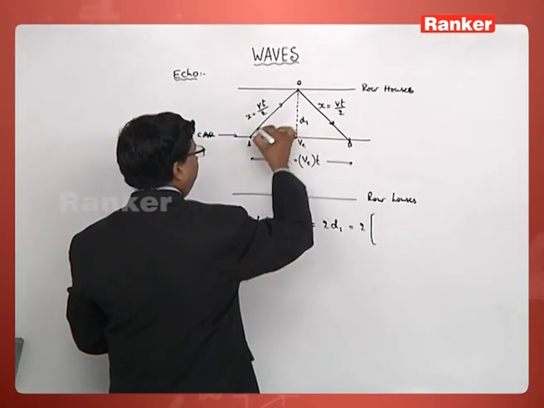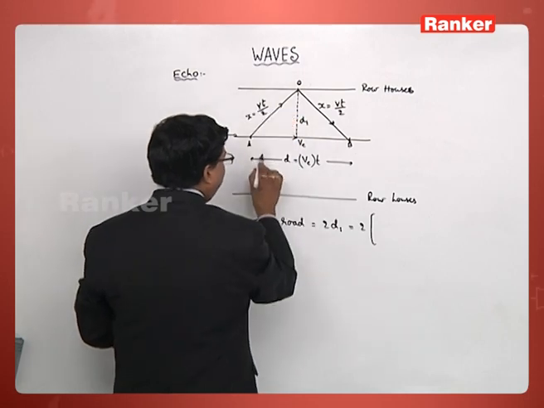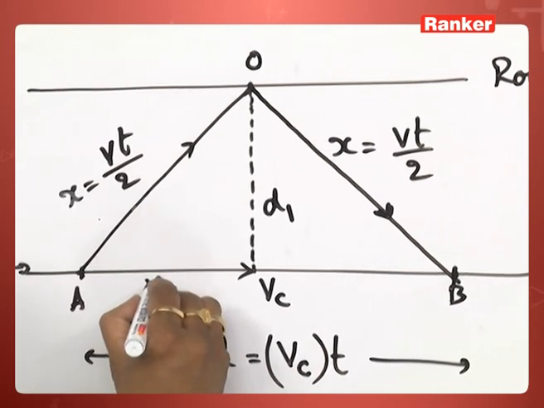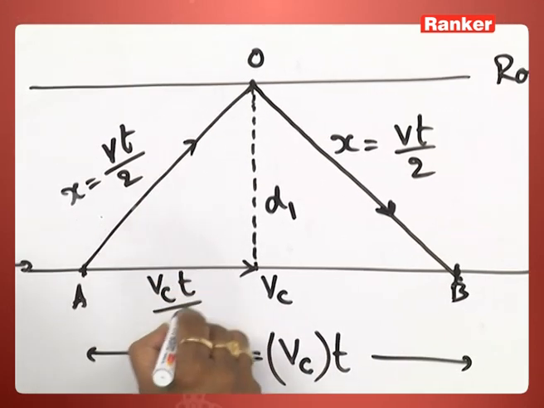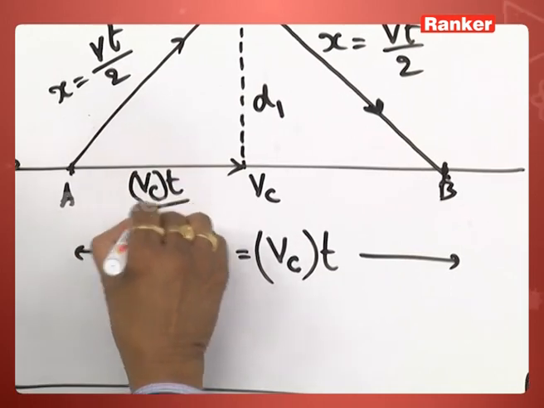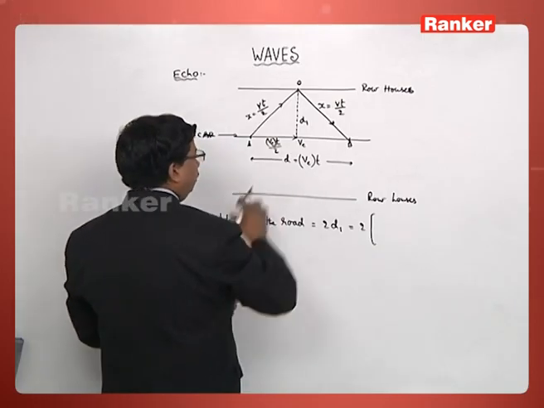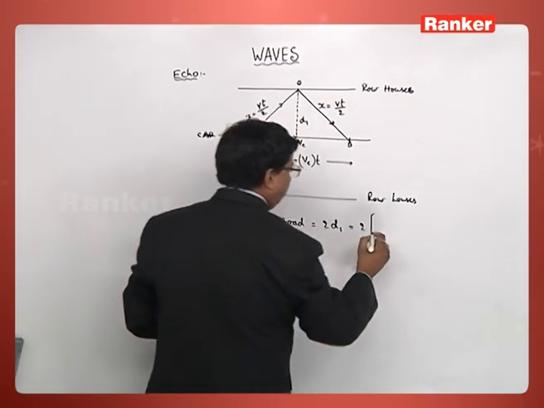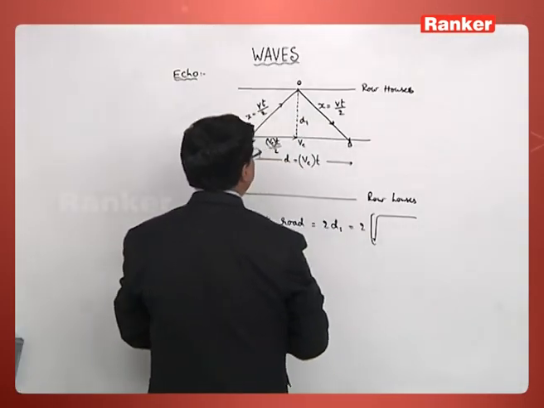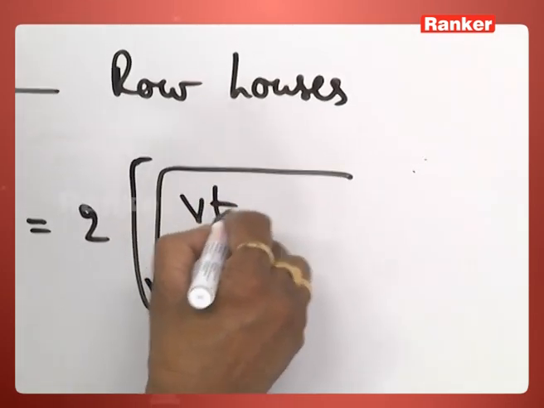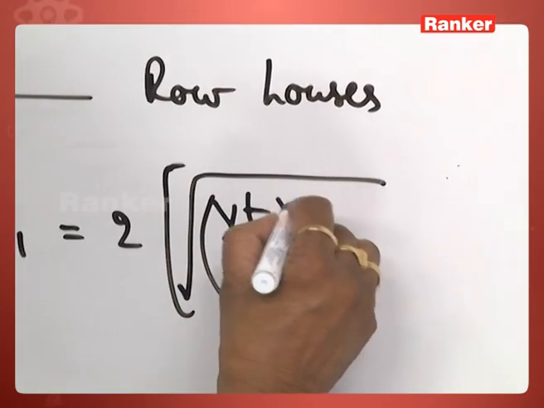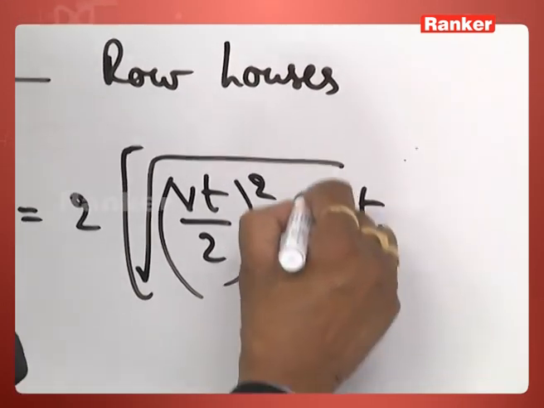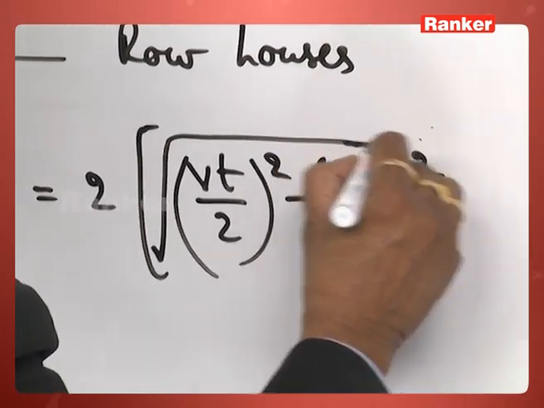You can understand this distance is x, Vt by 2. This distance total is D. Now what will be this distance then? Vc into T by 2. So you can now understand what this D1 is. According to the Pythagoras statement, we can write root over Vt by 2 whole square minus velocity of the car into T by 2 whole square.